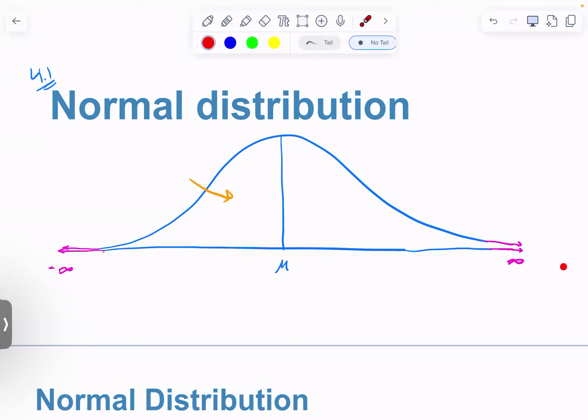Of course, now we're dealing with a numerical variable, so it's on a number scale. And so if I consider all my measurements from negative infinity to positive infinity, it makes sense that that is my sample space.